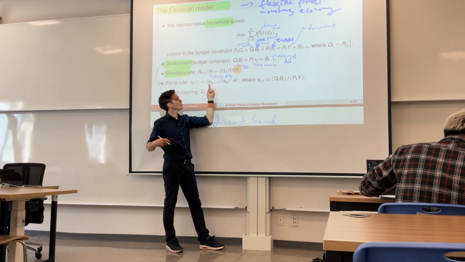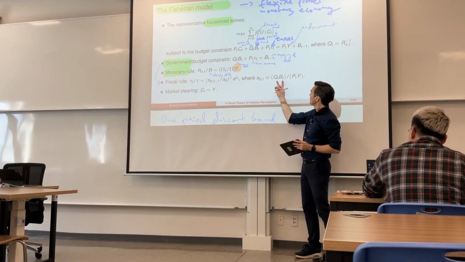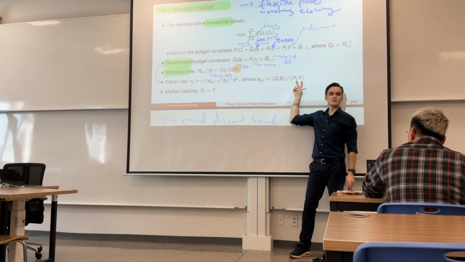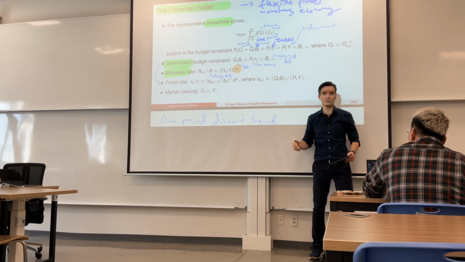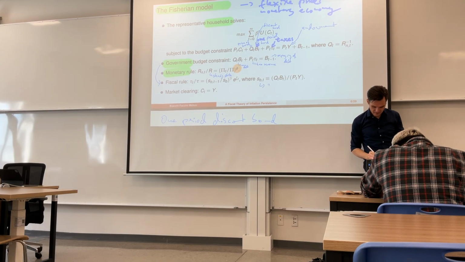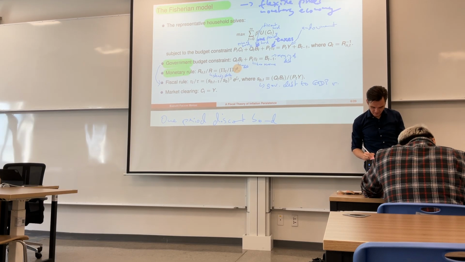Well, let's take a look at what SB_t is. SB_t is the nominal value of government debt outstanding divided by nominal GDP. So this is the nominal government debt to GDP ratio. Let's write this down. This is the government debt to GDP ratio. That's what this is.